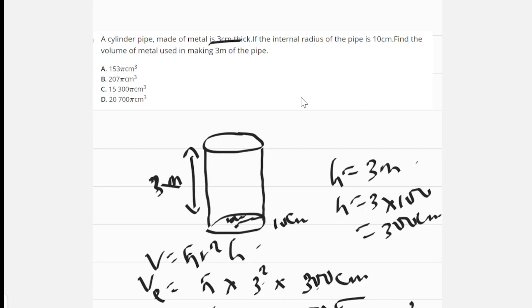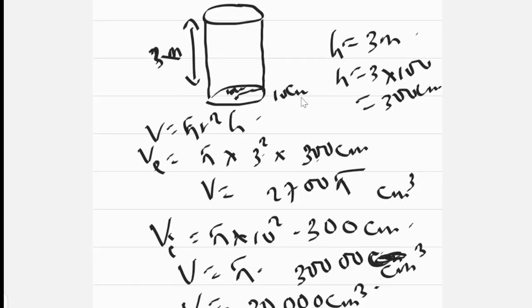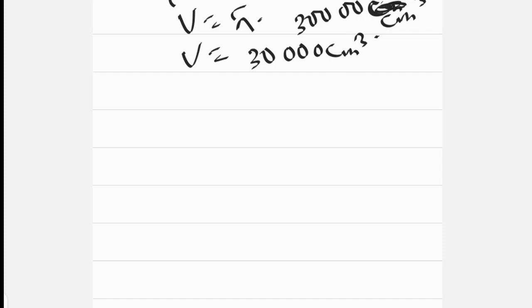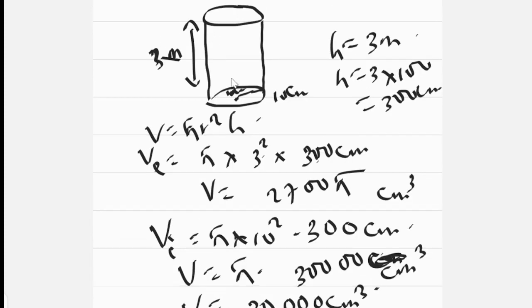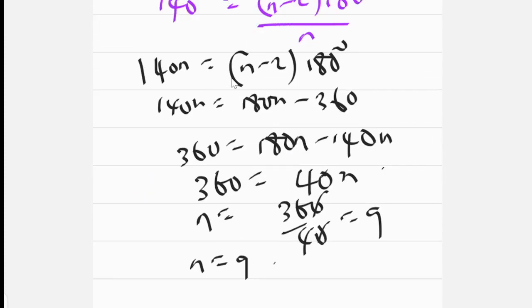And what does the question ask us to find? We have to find the volume of metal used in making the pipe. So the volume of the metal will now be V external minus internal. You subtract the two from each other.